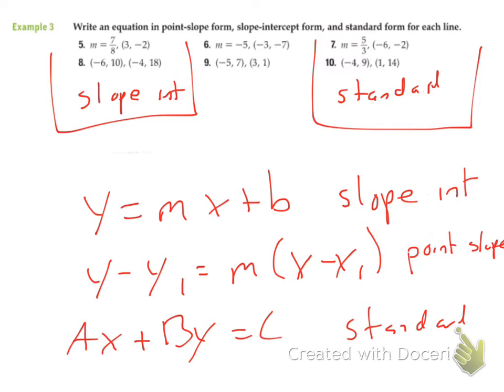Now when it says write it in point-slope form, all I want you to do is fill in m, y1, and x1, stop. So it looks like this. y minus 3 equals 2 times x minus 4. That would be point-slope form.